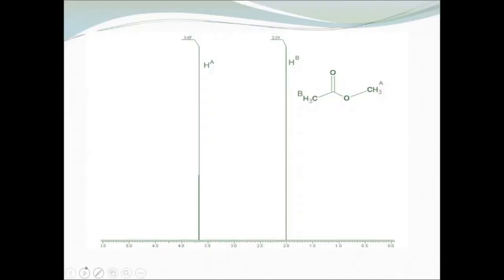So here's an example of the way we use this. In this case we have a peak here, about 2.0 ppm, and the units are not shown here, but again the scale is parts per million. And if we go back to our table, this is where we find the hydrogen. Of course, it's on a carbon that is next to a double bond.